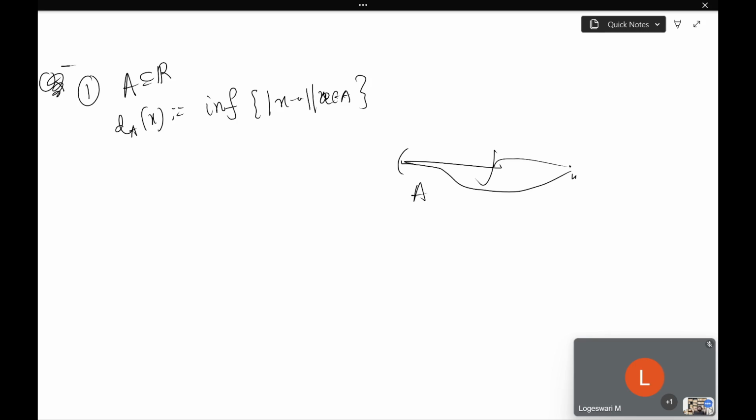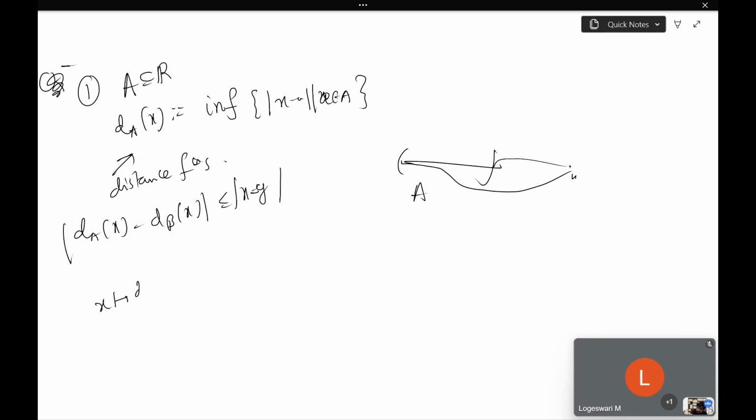Now observe that, by the way, this is known as the distance function. It is related to the inequality mod of d_A(x) minus d_A(y) is at most mod x minus y, and exactly due to this inequality, this function d_A(x) is uniformly continuous.